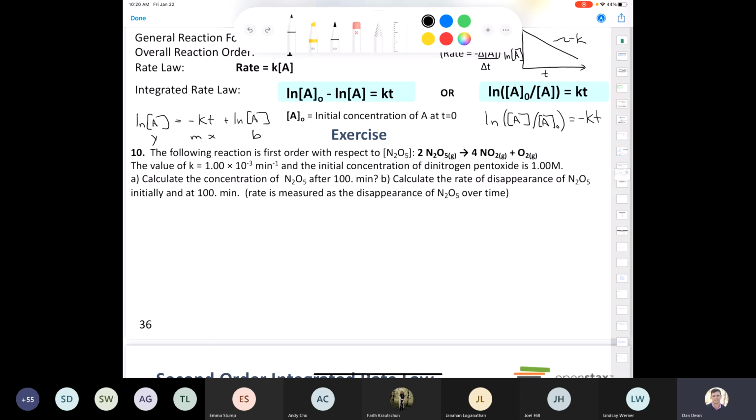So let's see here. I'm going to use my favorite form, which is the y equals mx plus b form right here.